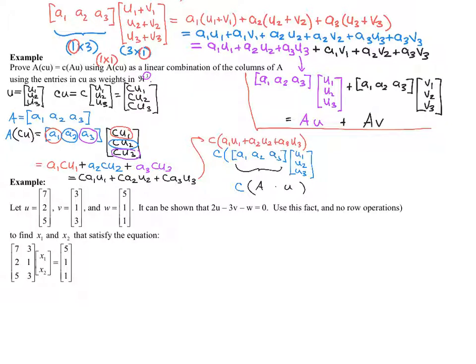There's so much wrong with the structure of this in terms of grammar. It looks like I have a closed paren here, but no open paren, so that doesn't need to be there. Or maybe a corresponding open paren. Use this fact and note row operations to find x1 and y1 that satisfy the equation. That's just awkward.